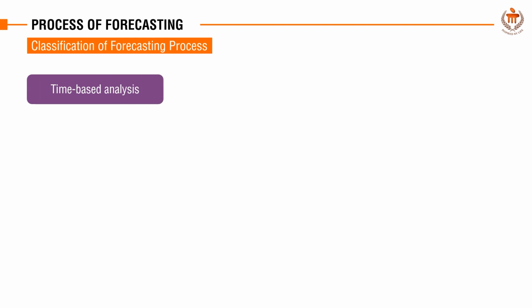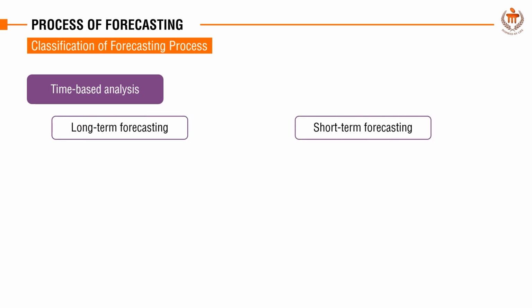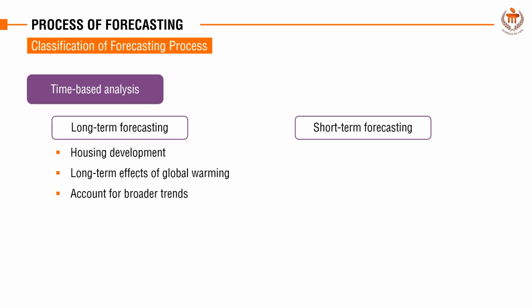Therefore, the classification of the forecasting process also considers the time horizon over which predictions need to be made, as different variables of interest can exhibit varying levels of volatility and stability. For instance, certain elements such as housing development or the long term effects of global warming require forecasts that extend over extended time ranges.